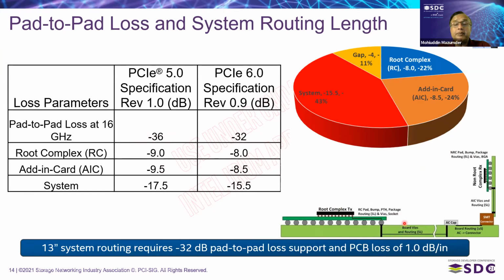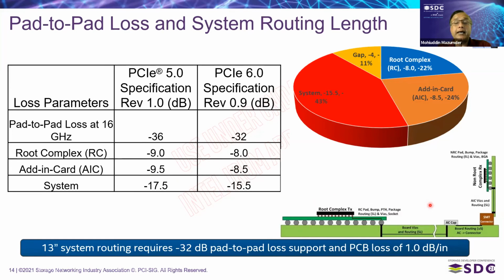And then connector plus routing on the board is 17.5 dB. Since we are losing 4 dB of budget from die pad to pad, we tightened the root complex package loss by a dB and add-in card loss by another dB. So that leaves about a 2 dB gap for the system routing.